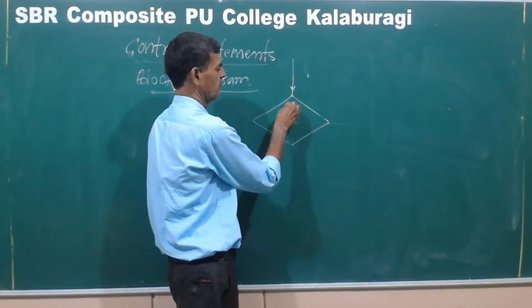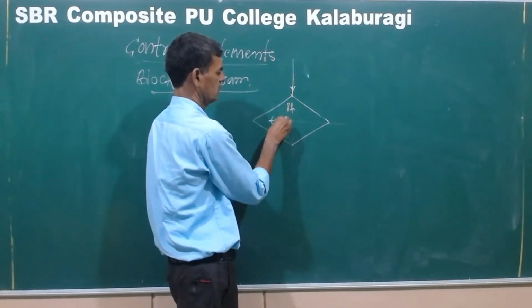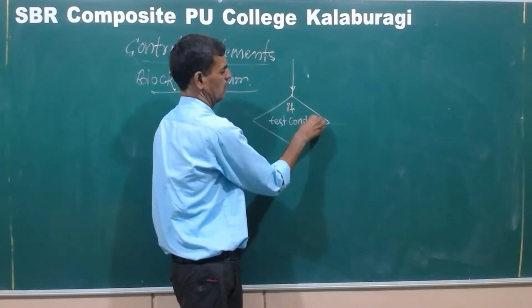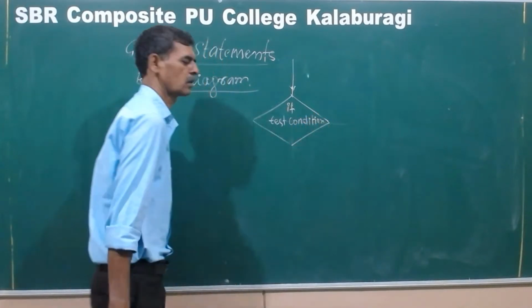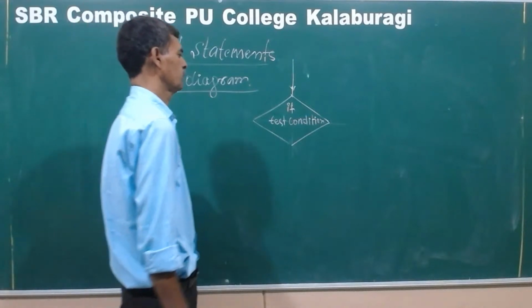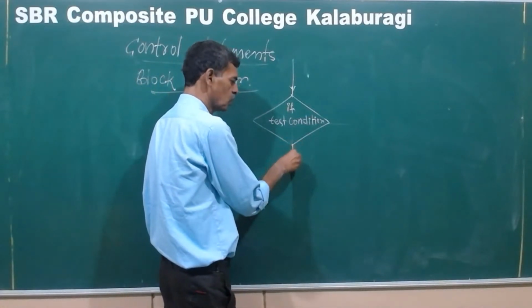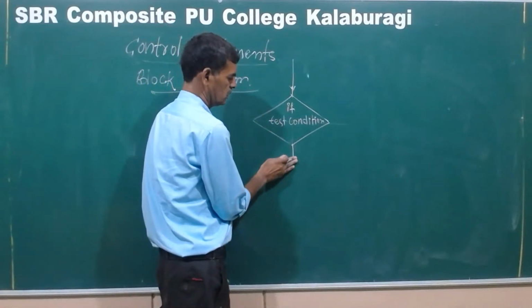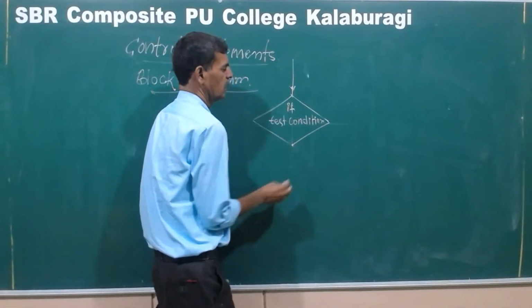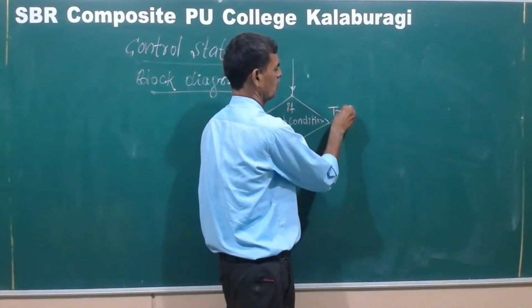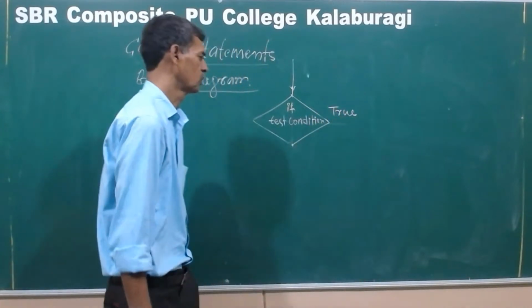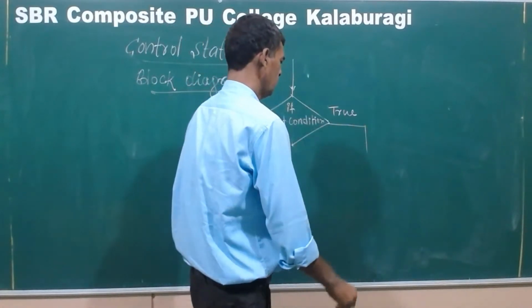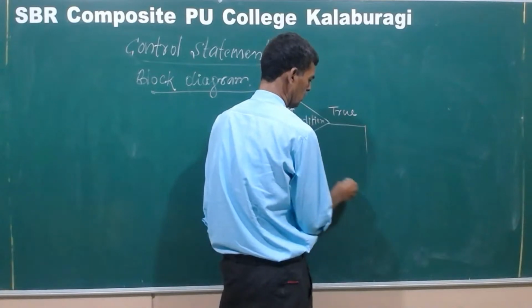If test condition, if it is true, the test condition is true, then it comes here. Again, we check the test condition in the block.